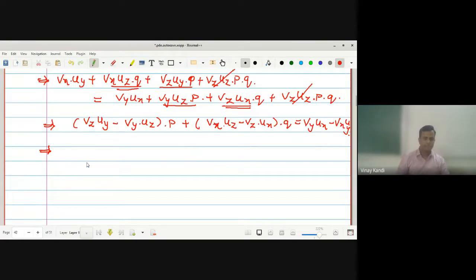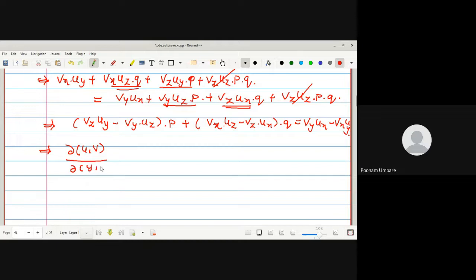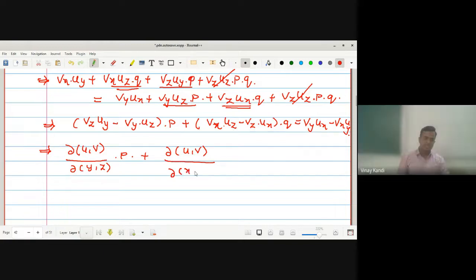that this is the Jacobian of u, v with respect to y, z, into small p, plus this is the Jacobian of u, v with respect to z, x, into small q, which is equal to the Jacobian of u, v with respect to x, y.